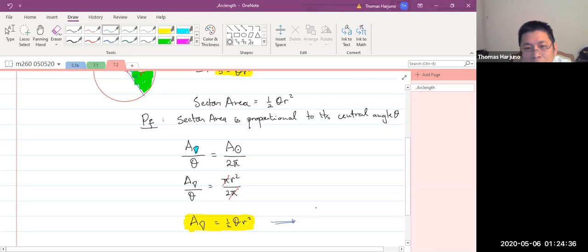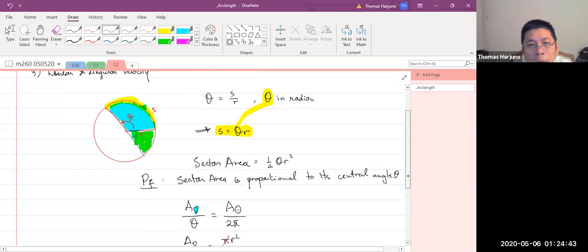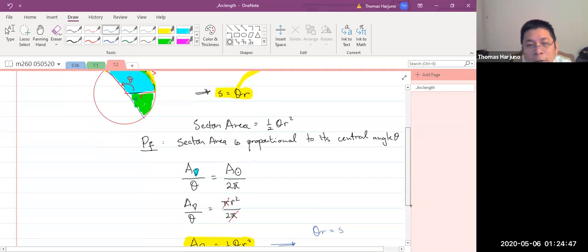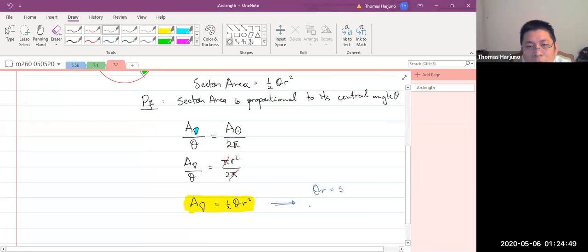Now, I want to go on a bit further. Notice that theta r equals s, right? We know it from up here. Theta r equals the arc length. So the area of a sector can also be said to be 1/2 s r.